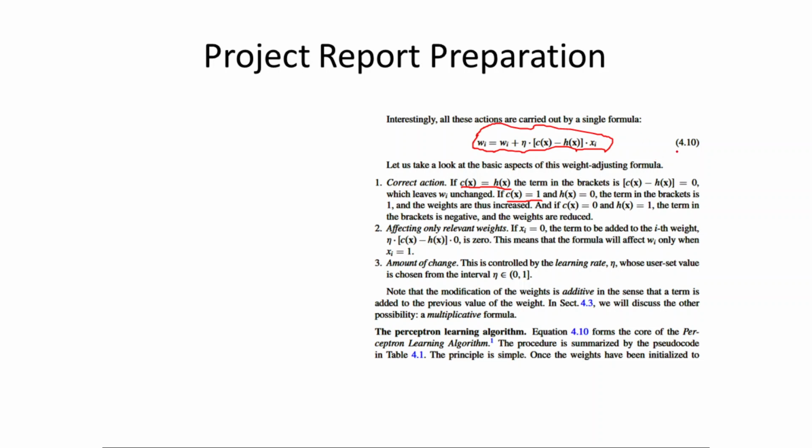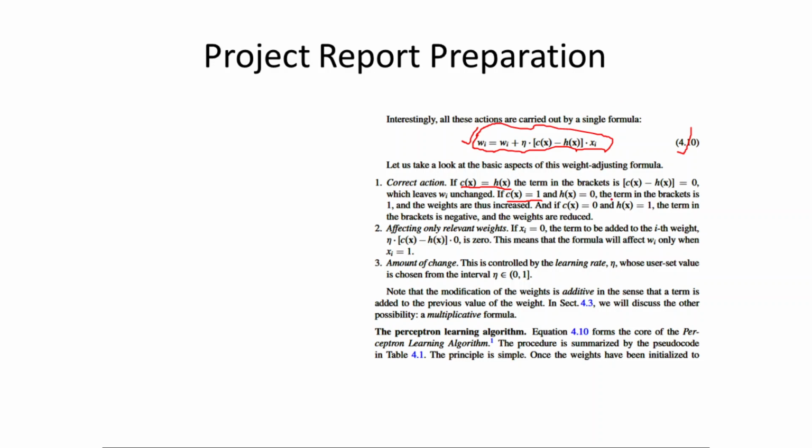And then equations are numbered once again. The numbering style is similar to the numbering style of the tables and the figures. Chapter number followed by the sequence number of the equation in that chapter. Most of the time equations are centered.